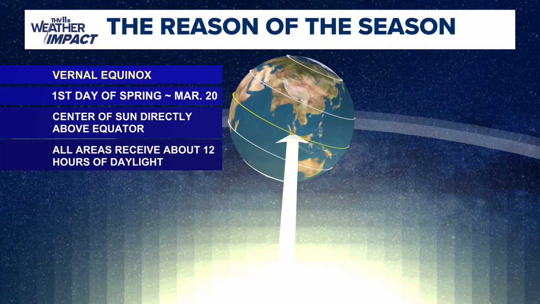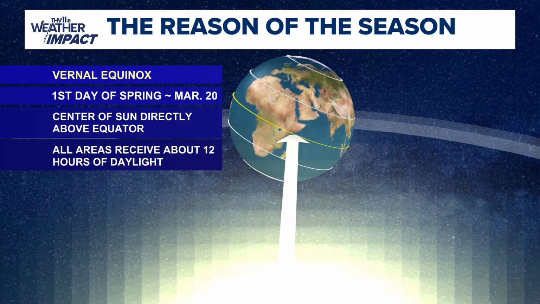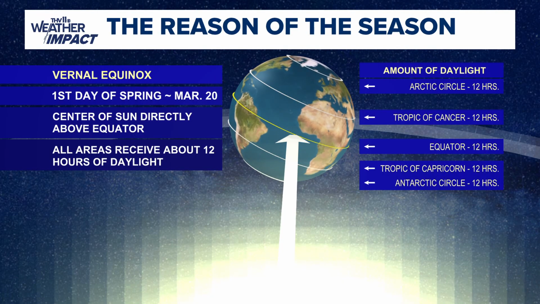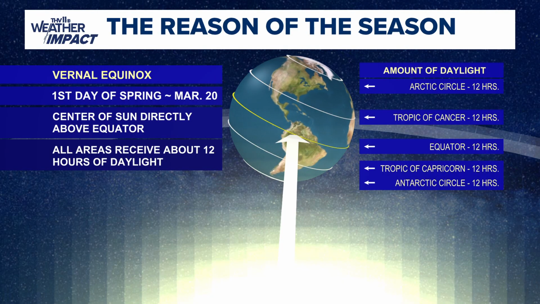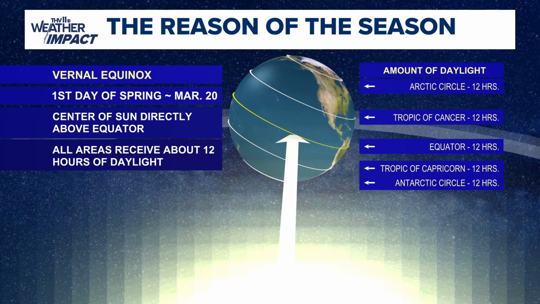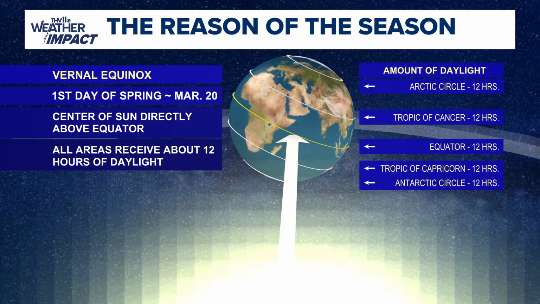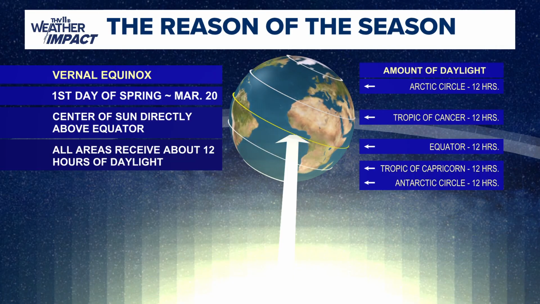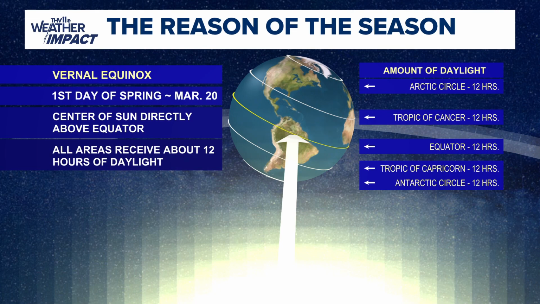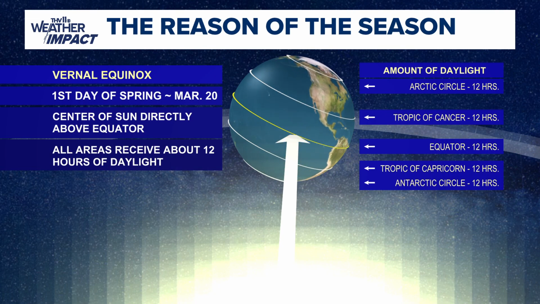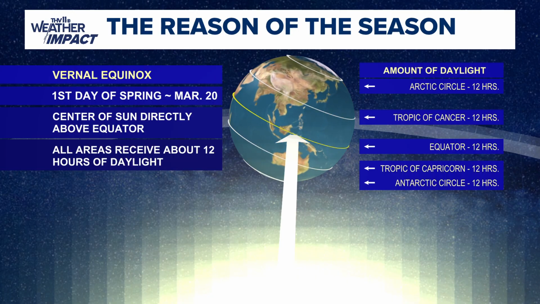So the equator receives 12 hours of night and 12 hours of day. As we go throughout the year, the direct rays of the sun shift different latitudes. So in this case, we're going from the Tropic of Cancer, which is 23.5 degrees north latitude, to the equator. That's where we are right now.